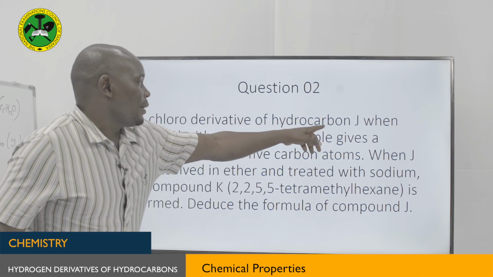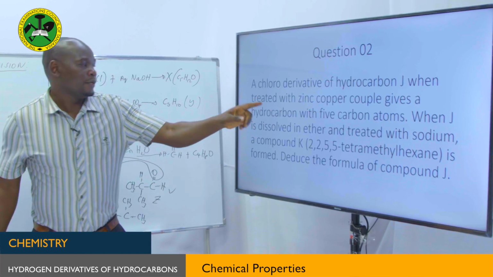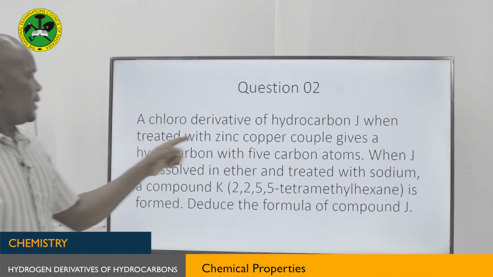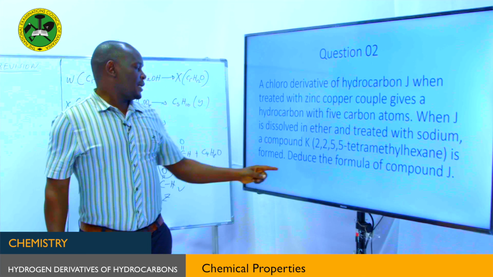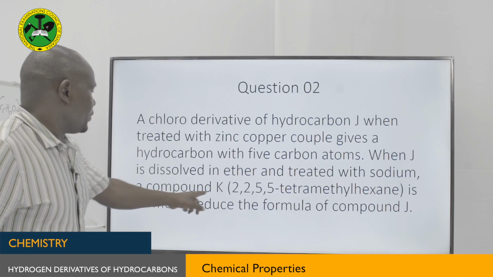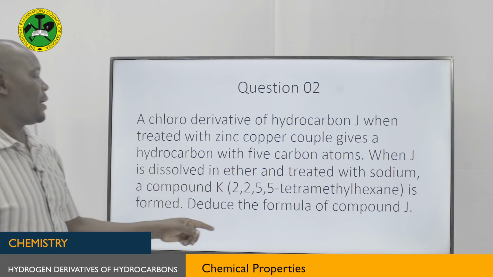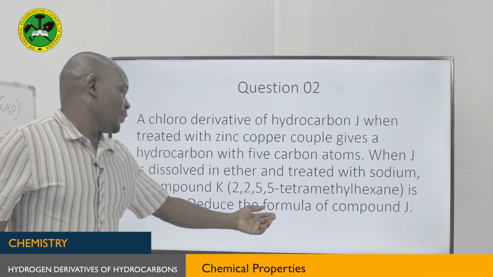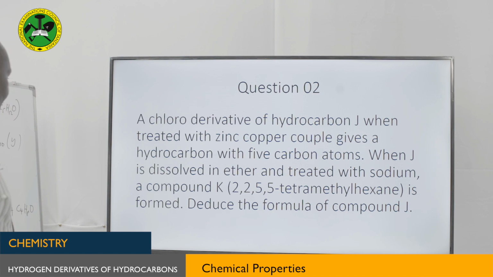J, when treated with zinc-copper couple, gives a hydrocarbon with 5 carbon atoms. Then when J is dissolved in ether and treated with sodium, a compound K, which is 2,5,5-tetramethylhexane, is formed. So you are asked to deduce the formula of compound J, which is very simple.